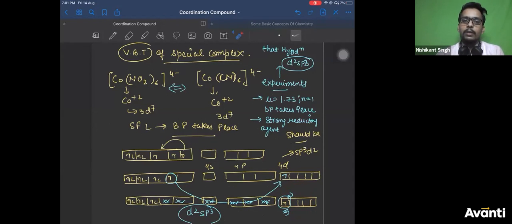You can remove that electron easily. Is that clear, everyone? So this was the explanation which was given there.